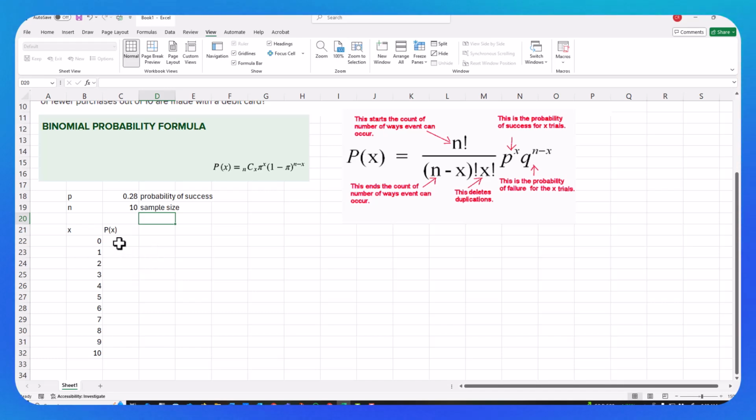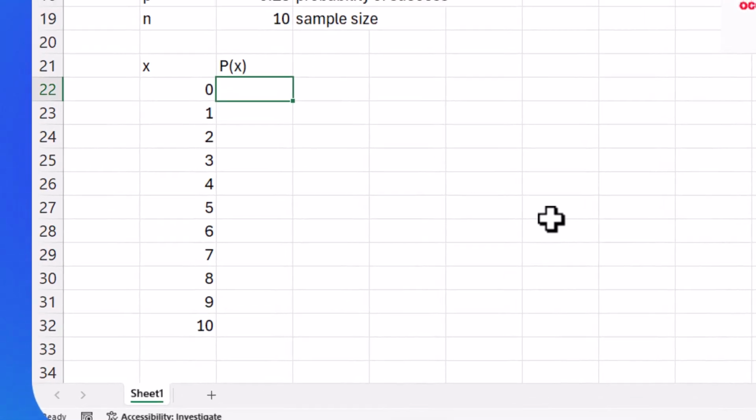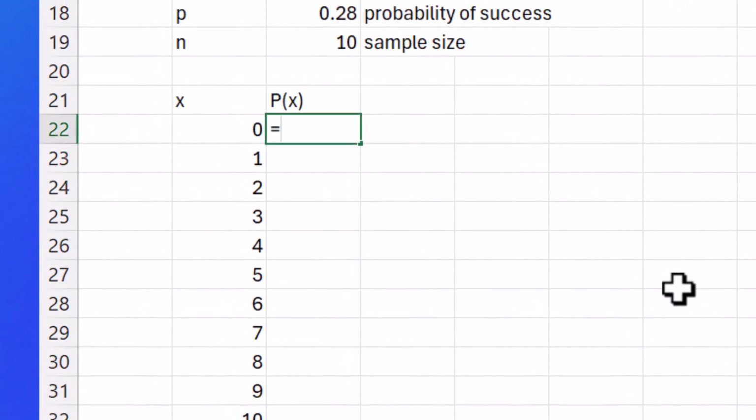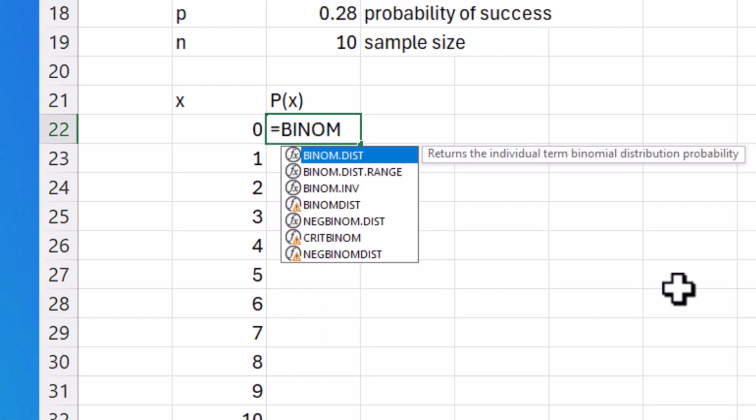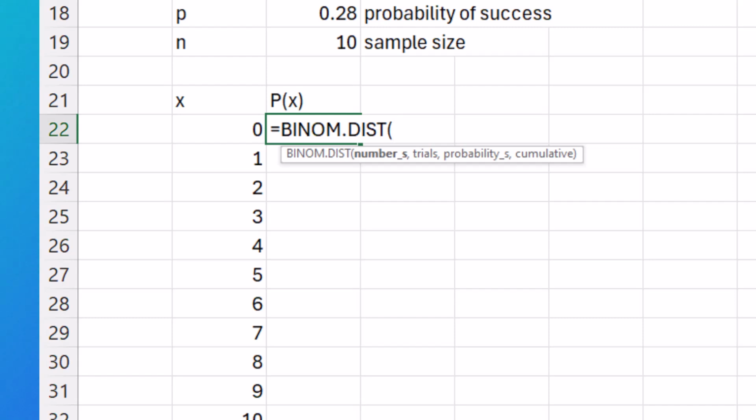So if I want to find the probability that nobody used a credit card, this is what's so beautiful with Excel. There is a built-in function. I want Excel to do this for me, so I start with an equal sign. Then I just start typing BINOM.DIST. And it even tells you, returns the individual term binomial distribution probability. I open a parenthesis, and it doesn't have to be capitalized. I just do it to make it easier to read.